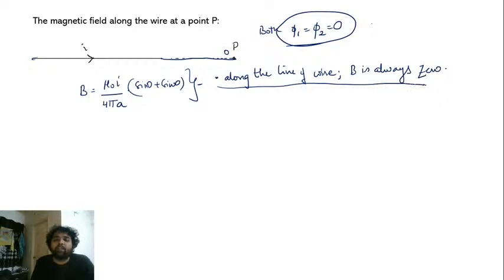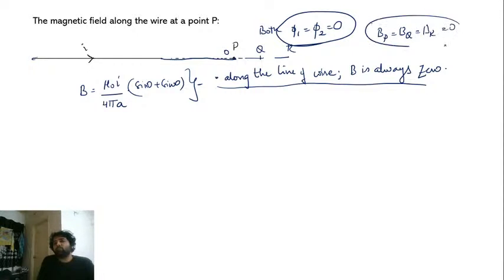Along the line of wire the field will always be 0. Very very important point. Along the direction, मतलब यहाँ पे any point on this surface like P, Q, R, all of them will have magnetic field 0. So very interesting observation this has been.